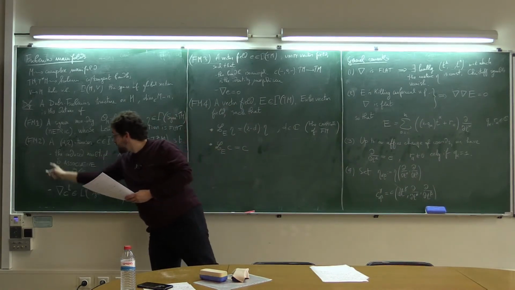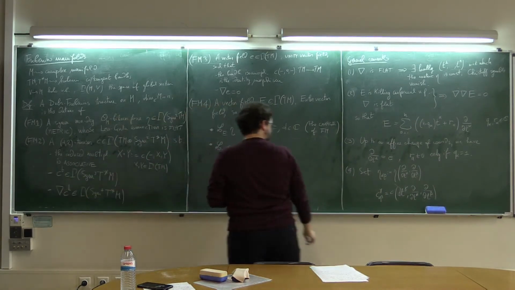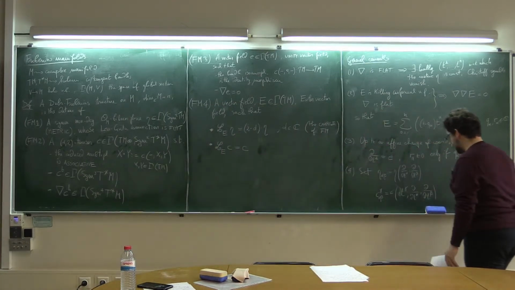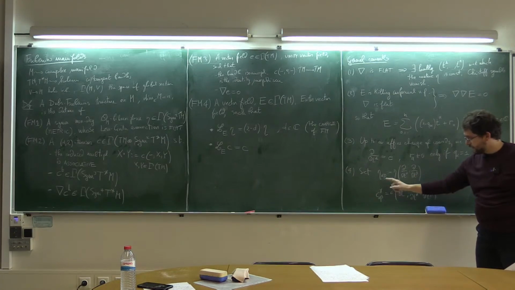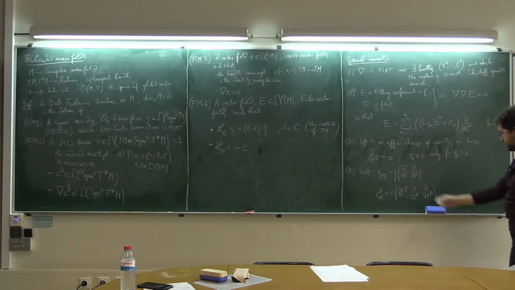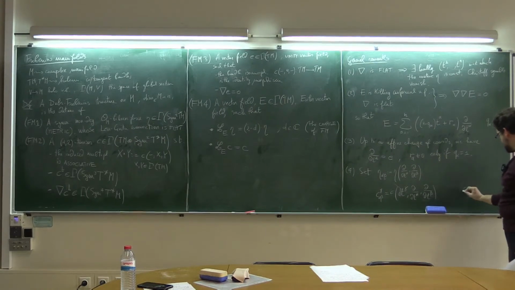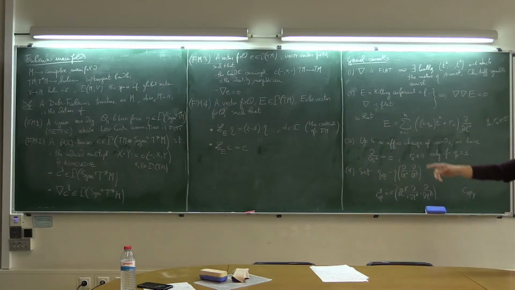And what is the meaning of these conditions? Well, the meaning is the following: I can lower the index of this tensor, and I can introduce C alpha beta gamma, and the first requirement is that C bemol is completely symmetric in alpha, beta and gamma.